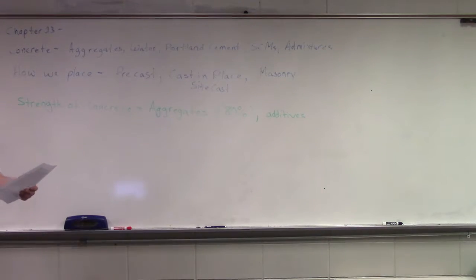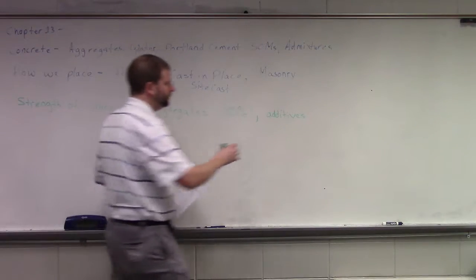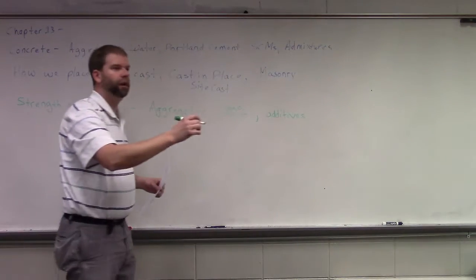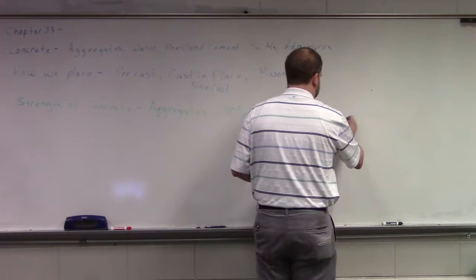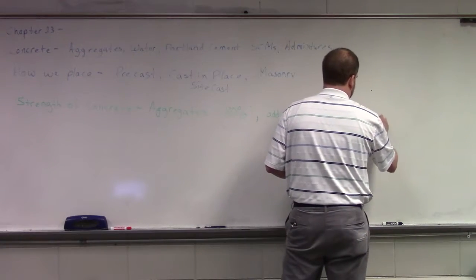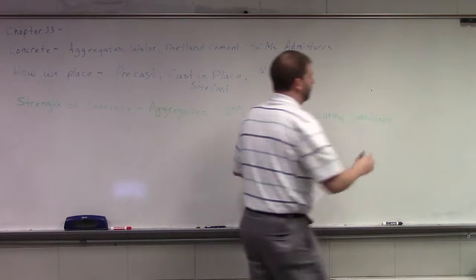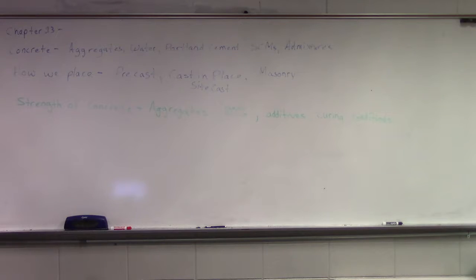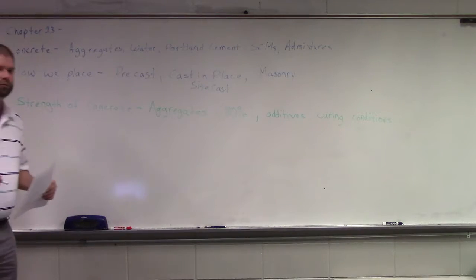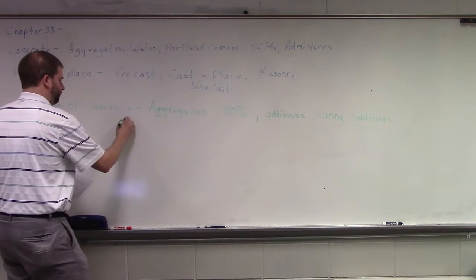Okay. What about anything else? How it's cured. How it's cured, absolutely. Curing conditions are vital to our concrete. It's another thing we can control. Yeah, the water. Water cement ratio. Okay?